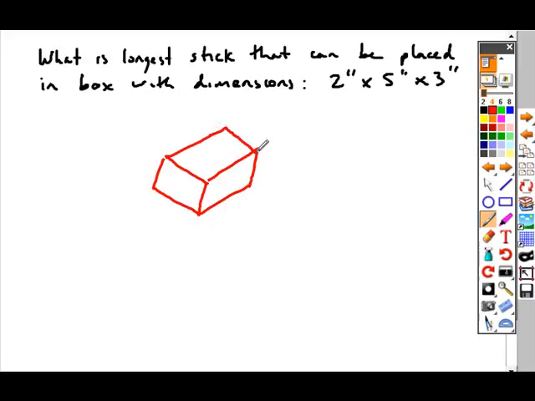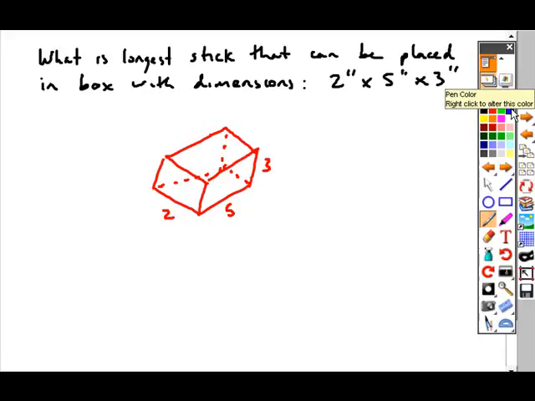Okay, so you're looking at this box, and again, if I put the dashed lines to kind of show in behind. And if I label this, we have 2 by 5 by 3.